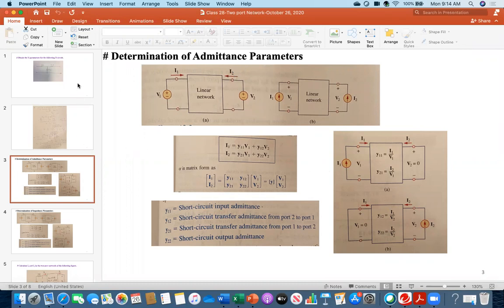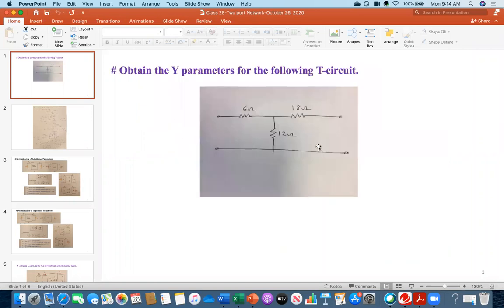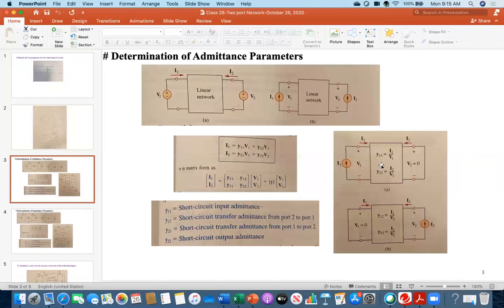Because you will be solving this problem, everybody please note down these two circuits or write down these two equations and see how to calculate those four parameters. I think you have these things. Last class, I told you to write them down.